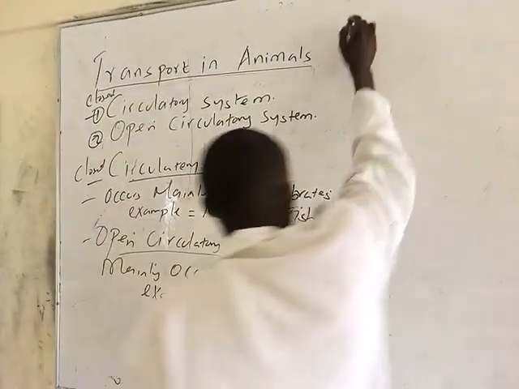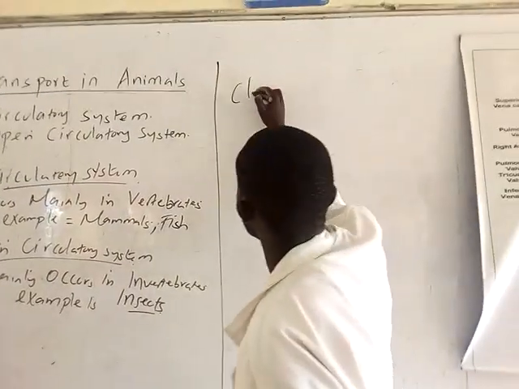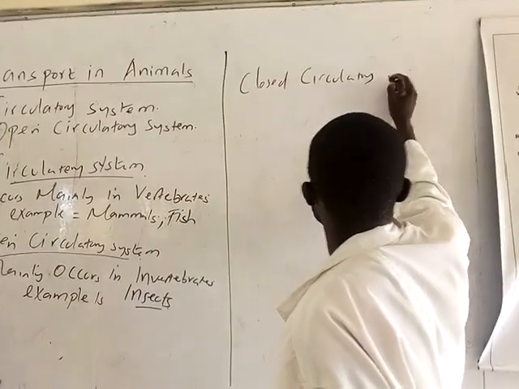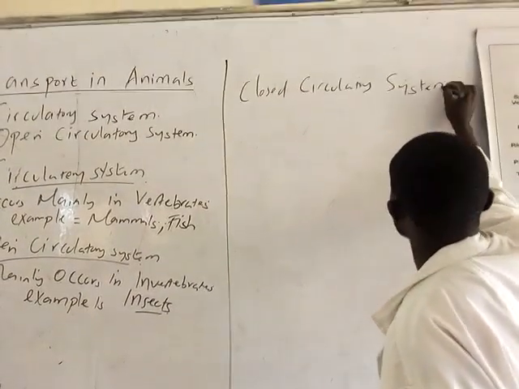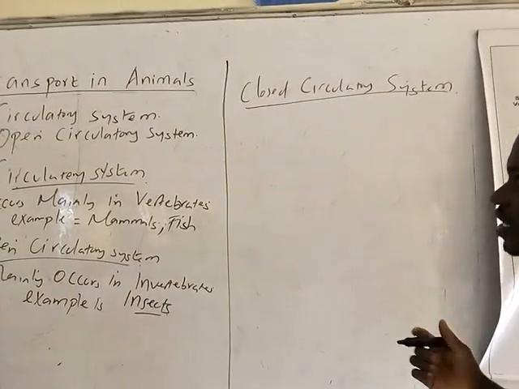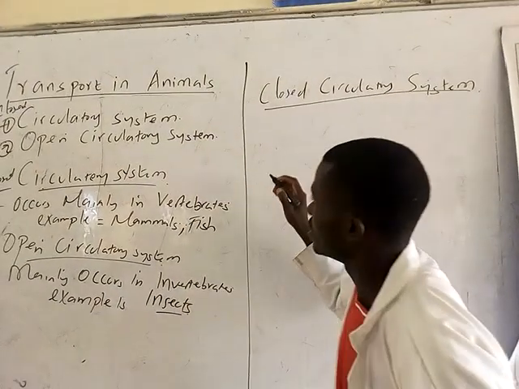Now today we are going to specify on the closed circulatory system. As we have said, an example of a closed circulatory system is in mammals.